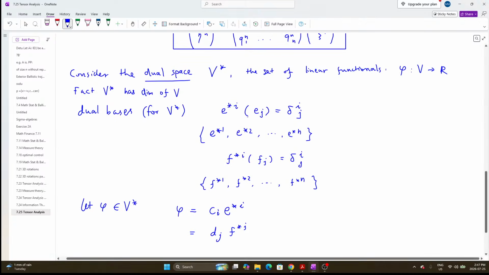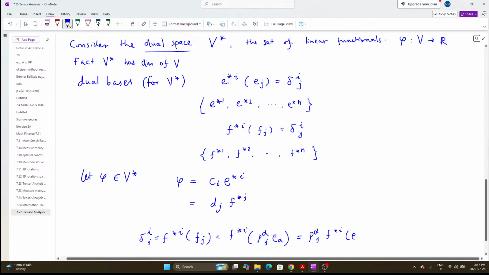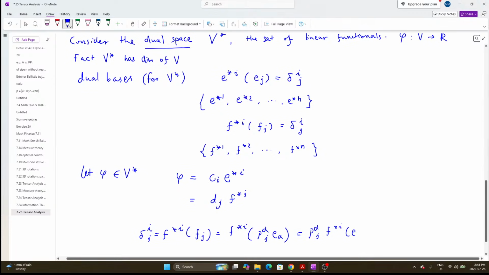The dual basis E star I, when evaluated at the basis Ej, is the Kronecker delta, up and down. And because E star I is upstairs, the expansion coefficient Ci is downstairs.